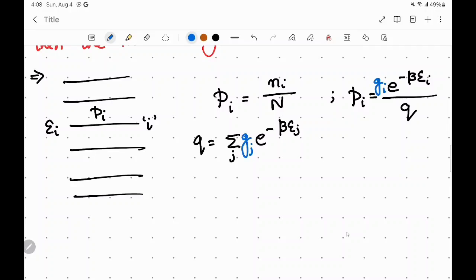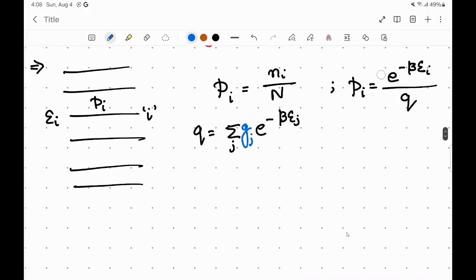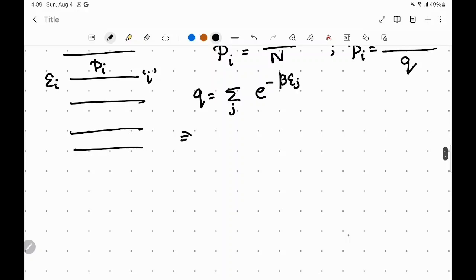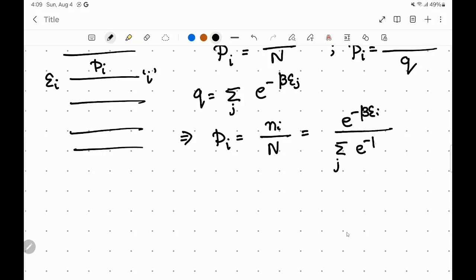If there is no degeneracy, then instead of g i you can put 1. So it will be e to the power minus beta epsilon j. So if you put it, then you will have Pi equals Ni divided by capital N equals e to the power minus beta epsilon i divided by the sum over j of e to the power minus beta epsilon j.